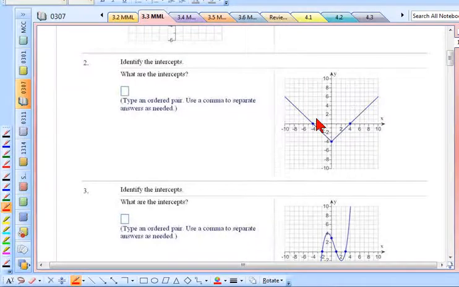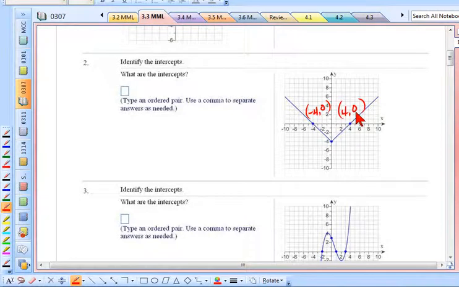Okay, if you could see it better, it is the point -4, 0. Now, my personal choice is if I'm doing an x-intercept, I'm going to go ahead and do the next x-intercept. That's just my choice. What ordered pair names this x-intercept? Is it 0, 4? 4, 0.